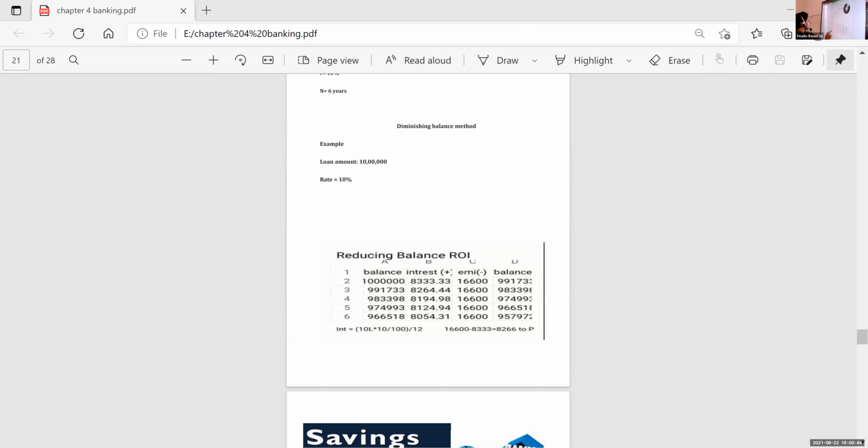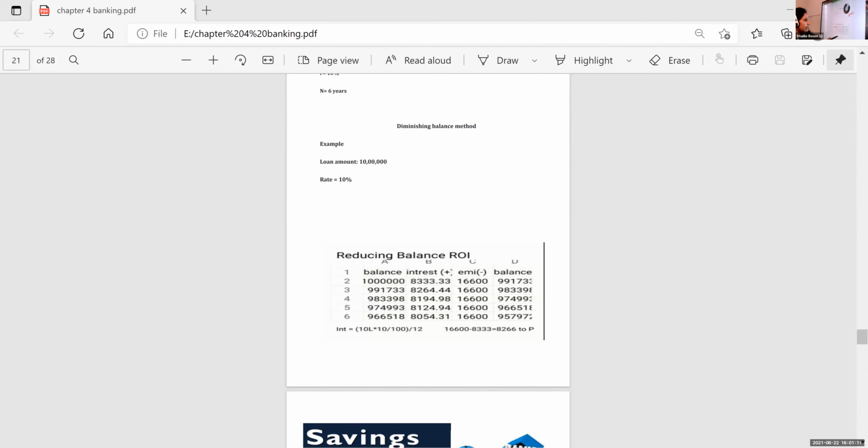Listen, this is the loan amount, 10 lakh. This 10 lakh we have to repay back to the bank. We repay this in monthly installments called EMI.